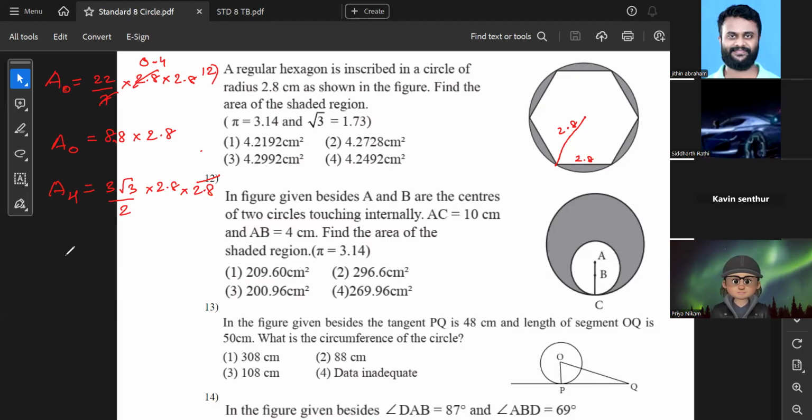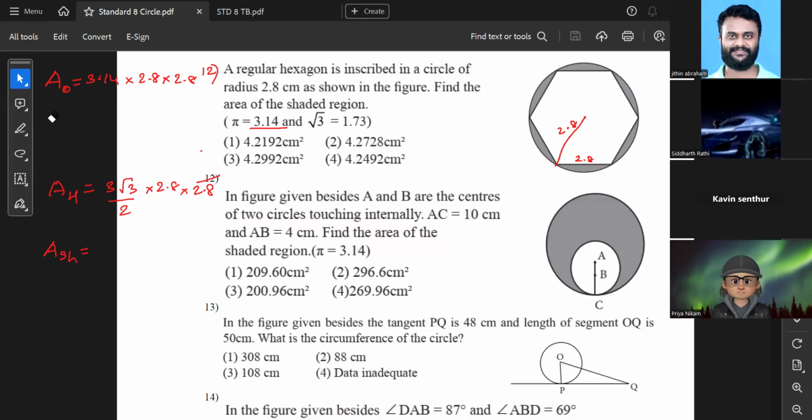Now, they have given 1.73. Let's consider pi as 3.14. Since they have given 3.14, we will have to consider 3.14. Now the area of the shaded portion will be the subtraction of the area of the hexagon from the area of the circle.